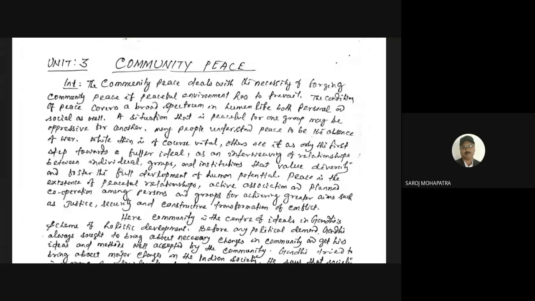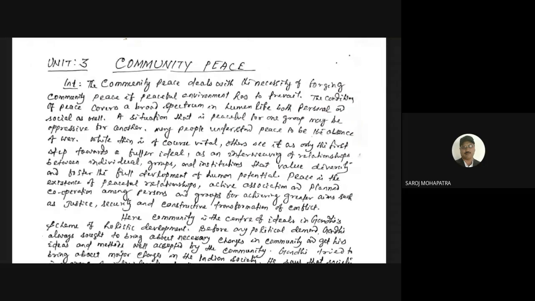But while this is of course vital, others see it as only the first step towards a full or ideal peace, in the sense of an interweaving of relationships between individuals, groups and institutions that value diversity and foster the full development of human potential.